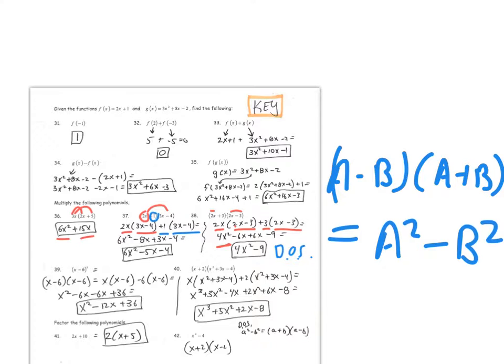So here we have a perfect square minus a perfect square. You take the square root of each part, and it's just the first minus the second quantity, then the first plus the second quantity.